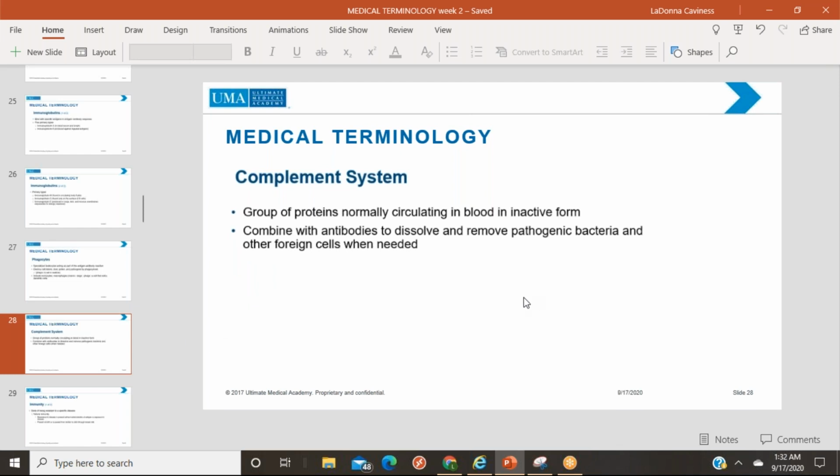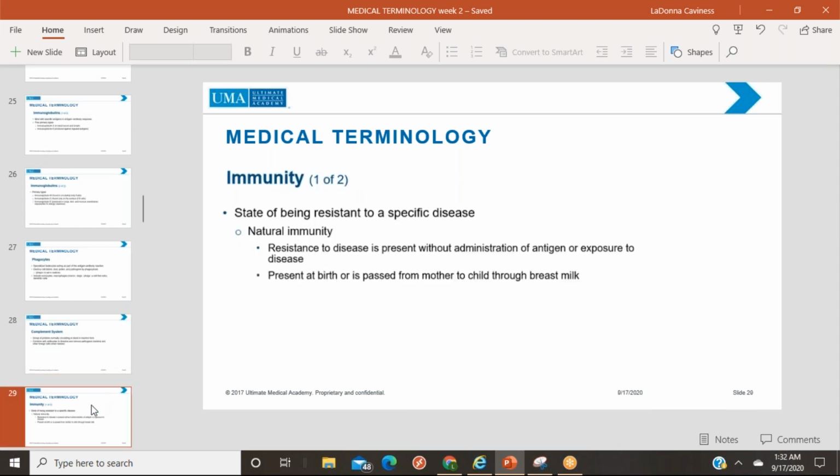Complement system, group of proteins normally circulating in the blood in an active form, combined with antibodies to dissolve and remove pathogen bacteria and other foreign cells when needed. Immunity is the state of being resistant to a specific disease.